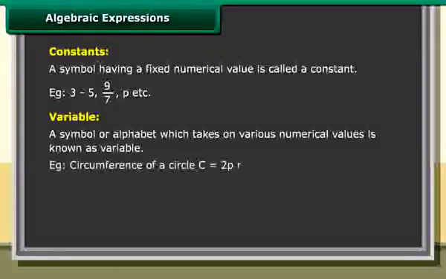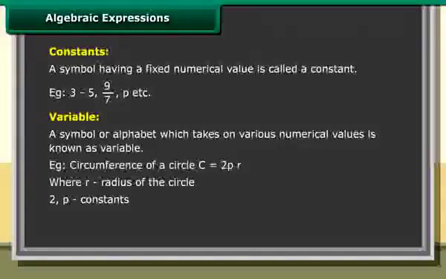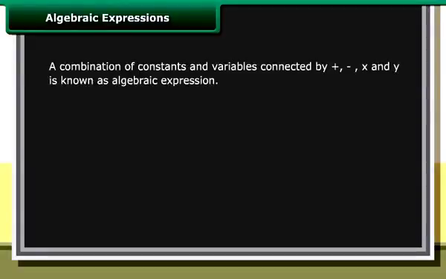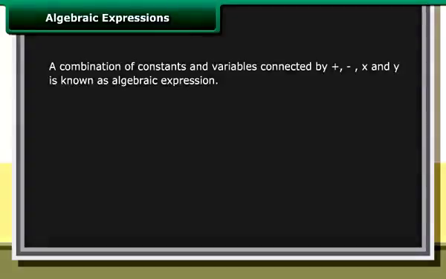Example, circumference of a circle C is equal to 2pr, where r is radius of the circle, 2p constants, c variable. Algebraic expressions. A combination of constants and variables connected by plus, minus, multiplication, and division is known as algebraic expressions.